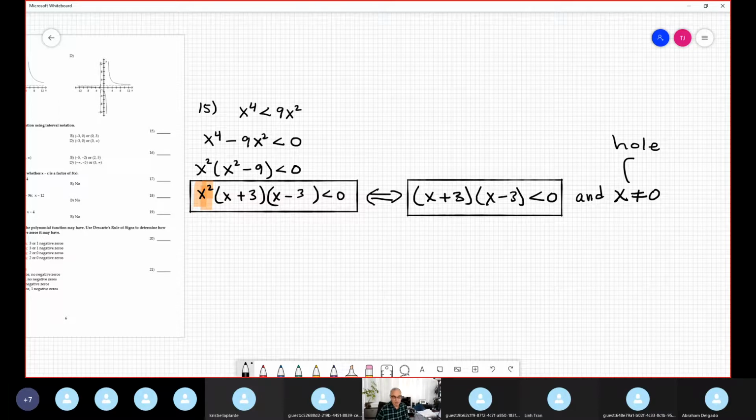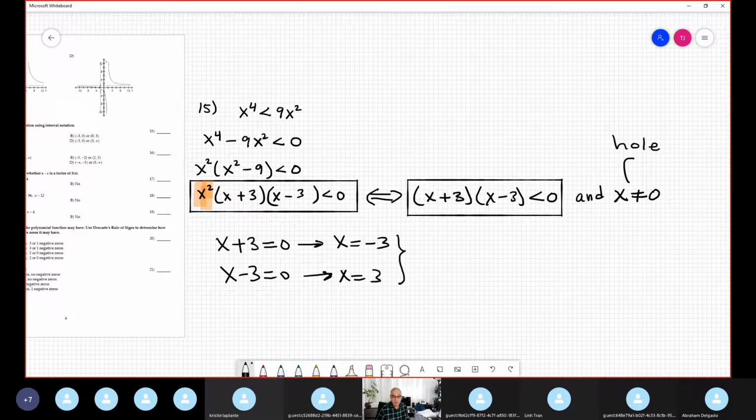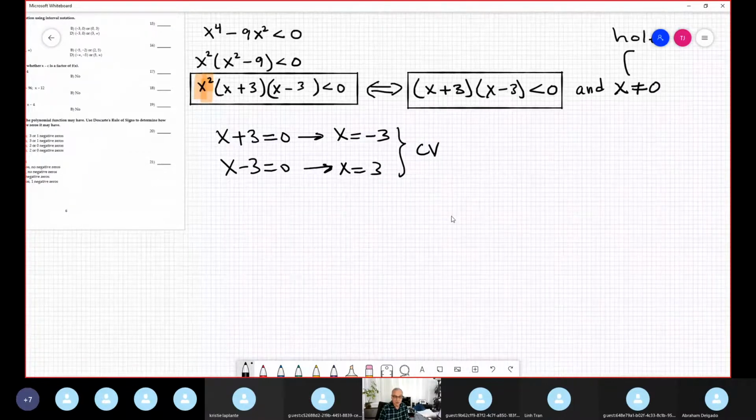Then the critical values, remember, are the zeros of the polynomial: x plus 3 equals 0, it is obvious that x is negative 3, and x minus 3 equals 0, it is obvious that x is positive 3. And these are the critical values. The critical values, as always happens, help me to make a partition of the whole real number line.